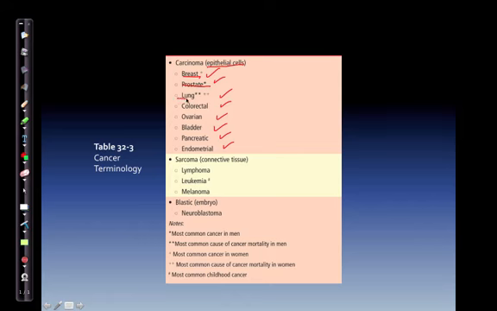So lung cancer would be the winner of the cancer, so to speak. Sarcoma, connective tissue cancer. We get lymphomas, leukemias, and melanomas out of this. Blastic or embryonic, neuroblastoma is an example of this.